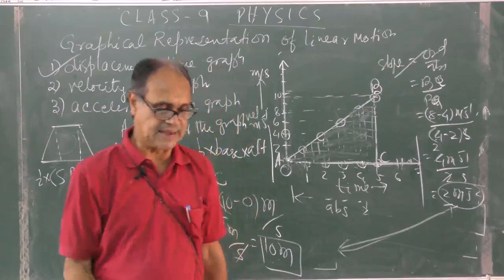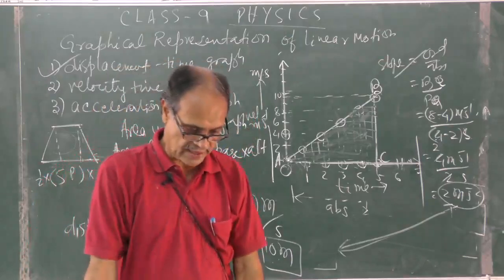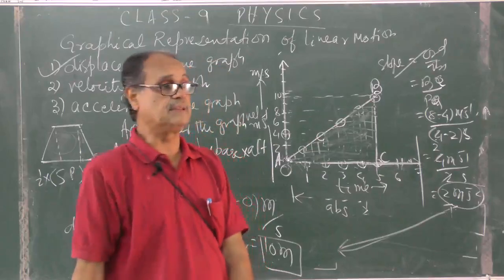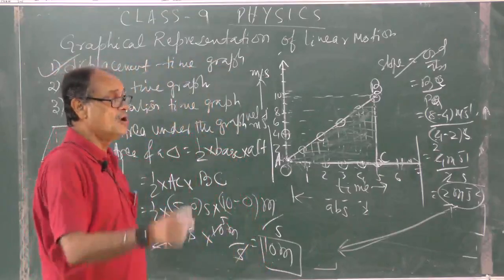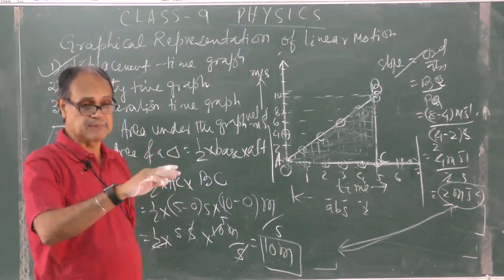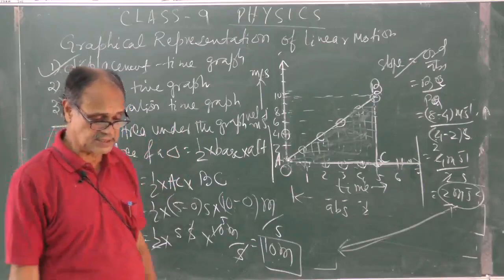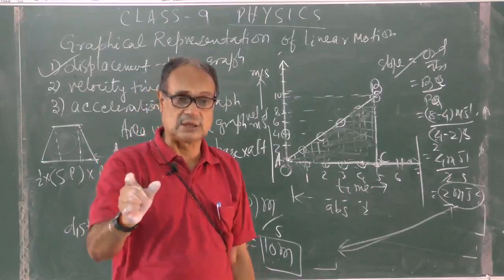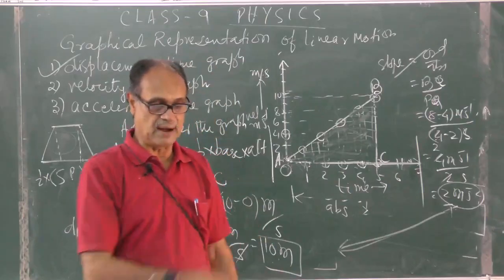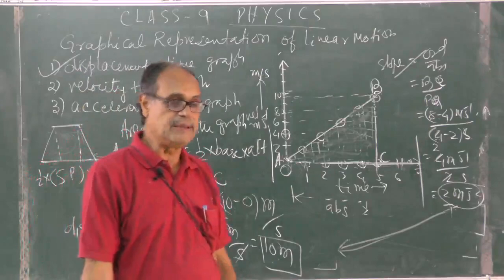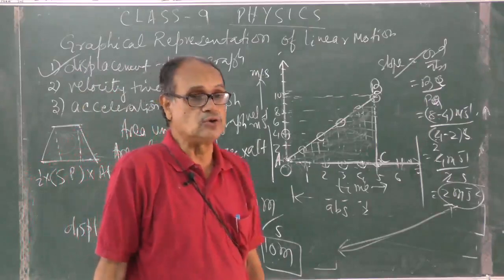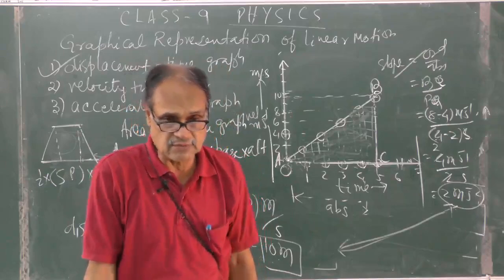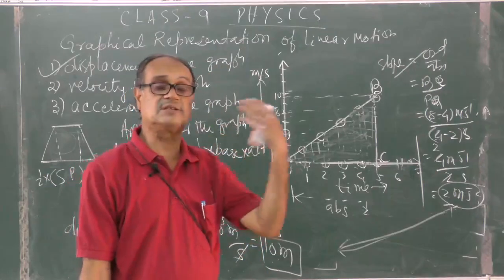If it is a rectangle or a square, that gives you a uniform velocity, and that time the area of the rectangle or square will give you the displacement, how much it moves in that stipulated period of time, because there the acceleration is 0. There the acceleration part is 0, so it will be S is equal to V into T. Displacement is equal to velocity into time, because acceleration is not there.